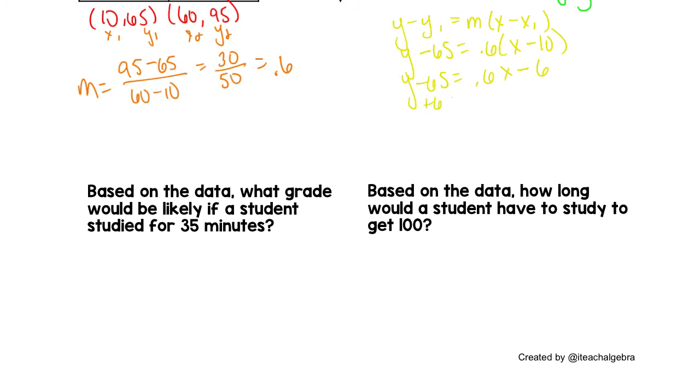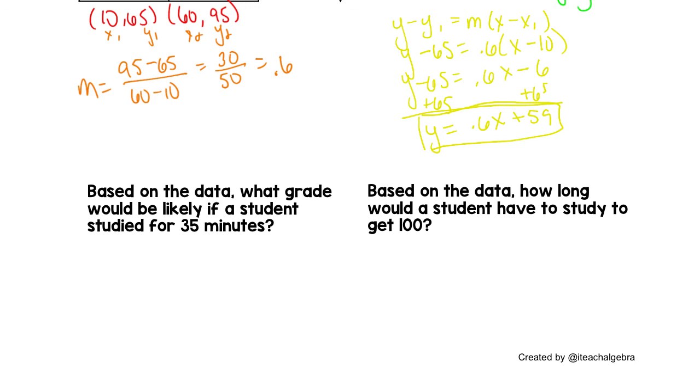We're going to add 65 to each side. And we have y equals 0.6x plus 59. It's going to be the equation of our line. And we're going to need that to come down here below and make some inferences.